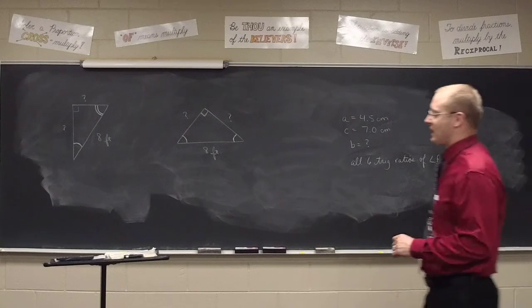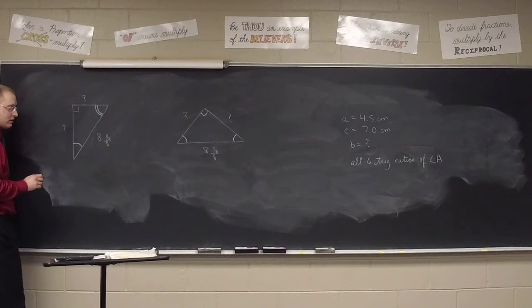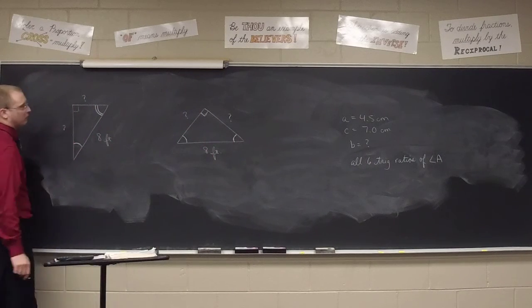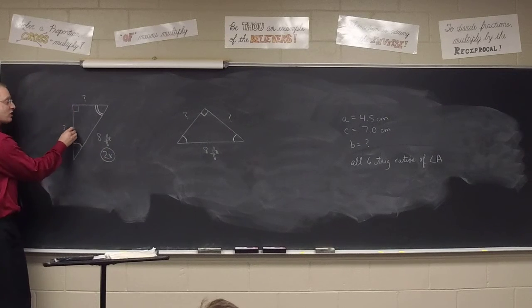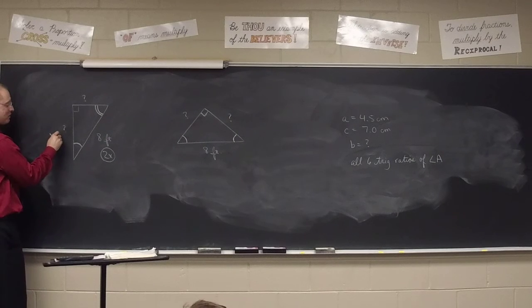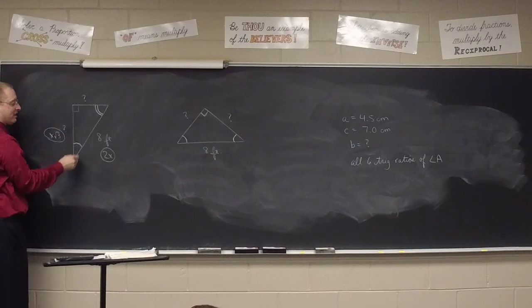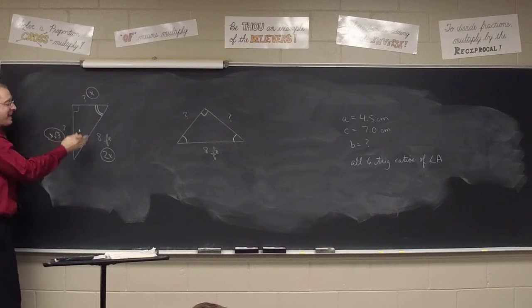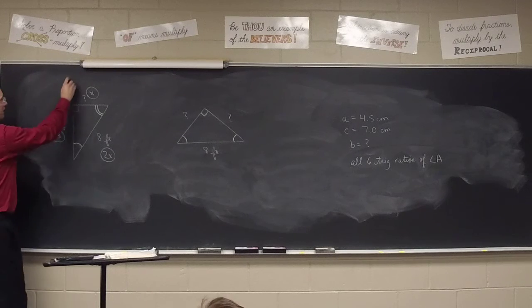How can we represent the hypotenuse of any 30, 60, 90, class? 2x. How do we represent the long leg across from the 60 in any 30, 60, 90, class? X times the square root of 3. How would we represent the short leg across from the 30? X. So if 8 feet is 2x, then what's x? 4 feet.